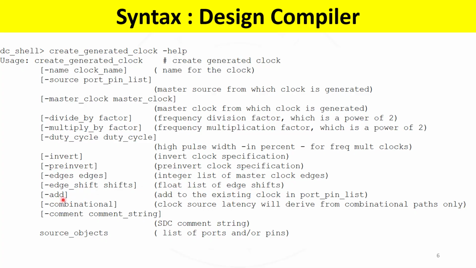Suppose there are multiple clocks, then we need to use this particular switch called -add. Next is -combinational, that is, clock source latency will derive from combinational parts only. So you need to understand what is source latency and network latency. Next, -comment, where you can give any comment, followed by the source object. The source object can be a list of ports, or else it can be pins. So this is the syntax from Design Compiler for create_generated_clock.